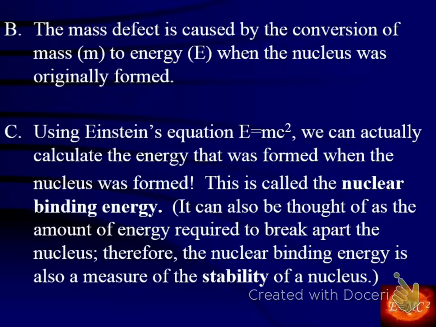Nuclear binding energy, which is also one of your blanks, right? It can also be thought of as the amount of energy required to break apart a nucleus. So if we're trying to do a nuclear fission reaction where we break them apart, that would tell us how much energy could be released.